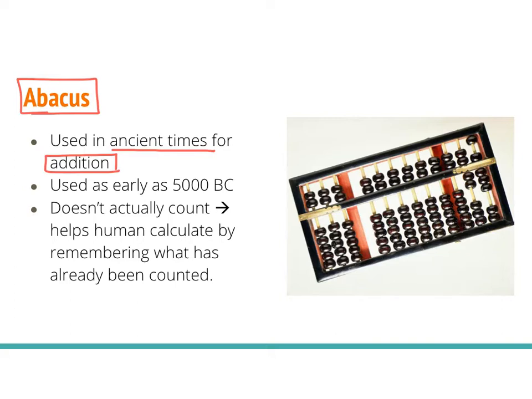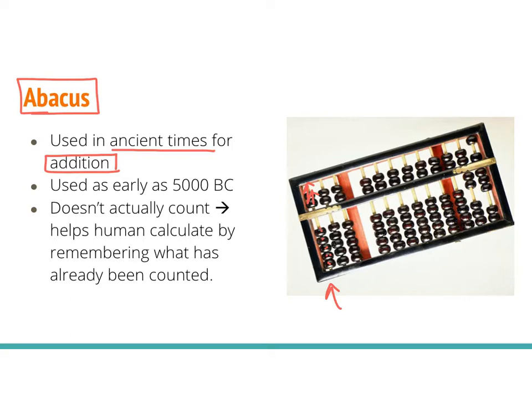And while it doesn't actually count or do anything for you, essentially what this abacus did is it allowed humans to track their counting. So if they were counting a lot of items and didn't want to lose track, they would utilize an abacus because each one of these rows, so for example, this first row was the ones, and they would count 1, 2, 3, 4, 5, and when they reached 5, they would move this bead over. Then they would count 1, 2, 3, 4, 5 again, and move this bead over to signify 10.